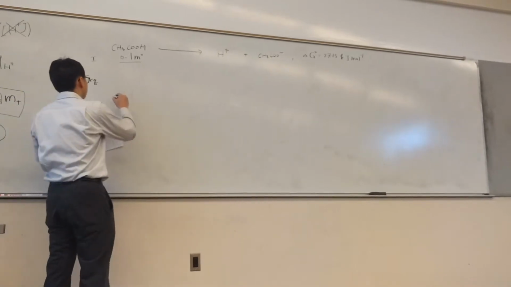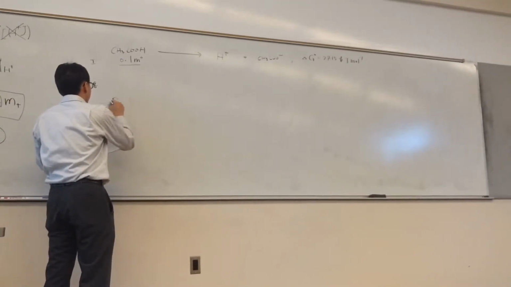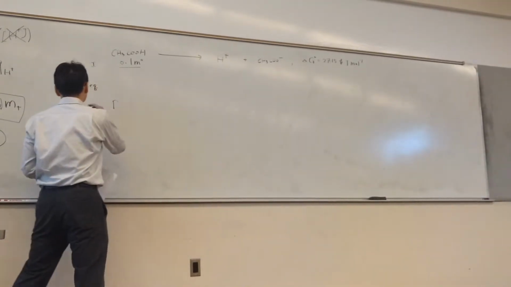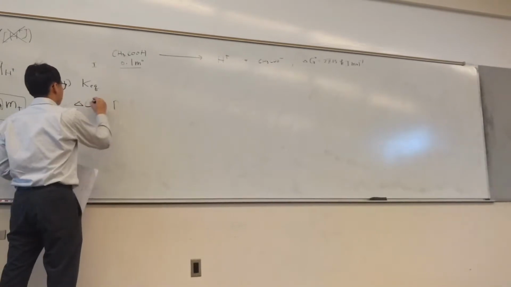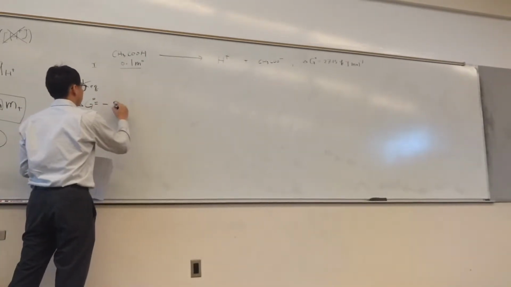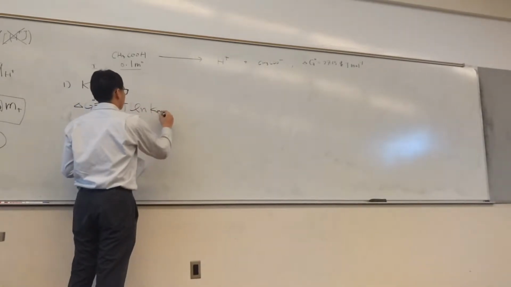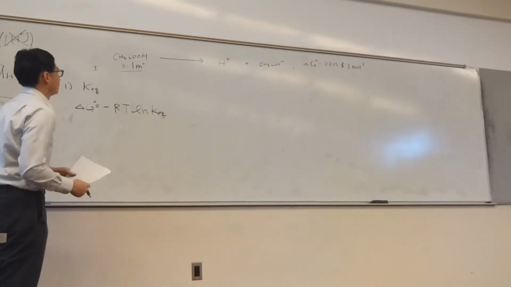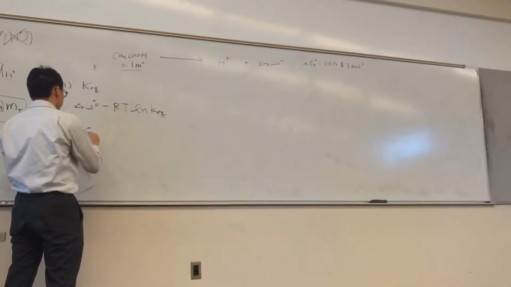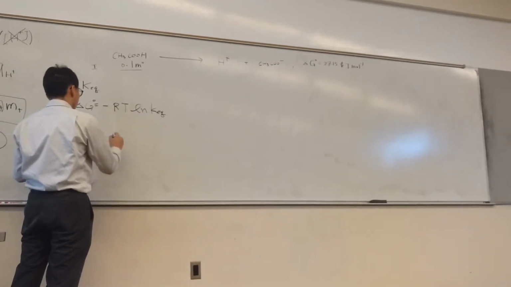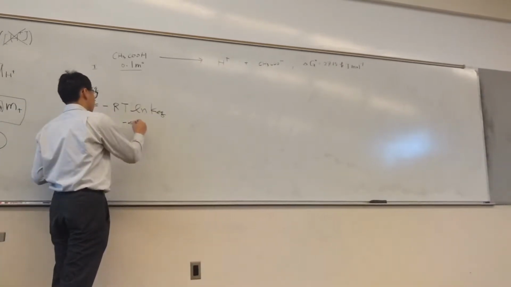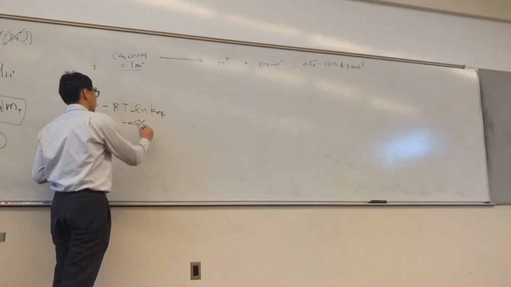Because we know the delta G naught is going to equal to negative RT natural log KEQ. Therefore the KEQ is going to equal to exponential negative delta G naught over RT.